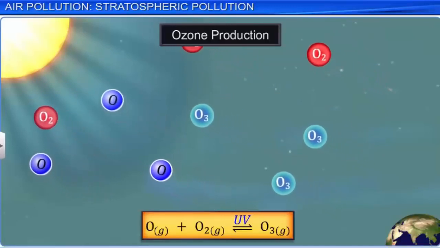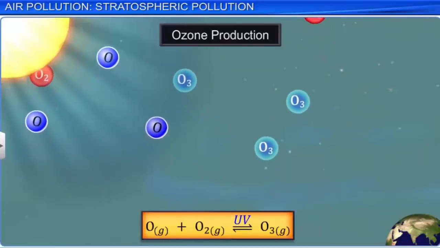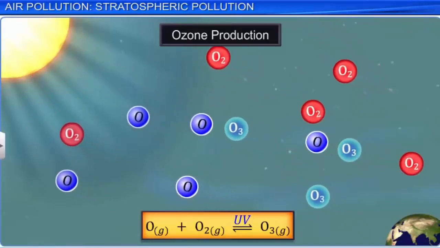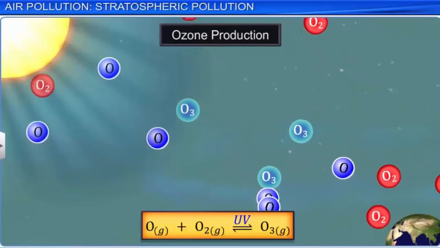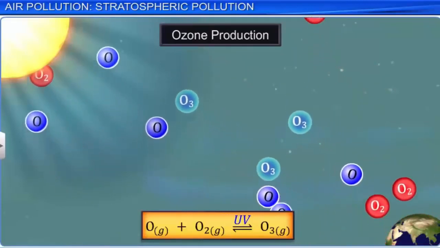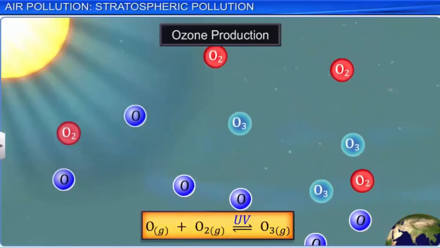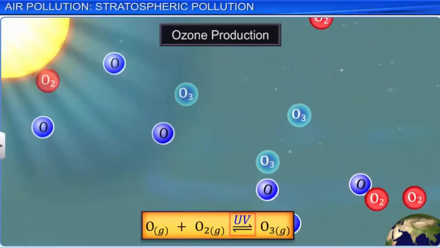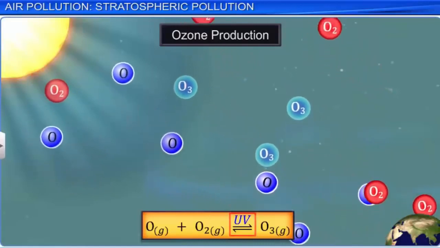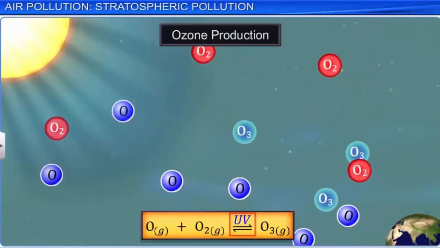As an ozone molecule is thermodynamically less stable, it undergoes dissociation to produce oxygen molecule and oxygen atom respectively. Hence, the above reaction results in dynamic equilibrium between ozone and its corresponding oxygen molecule and nascent oxygen.